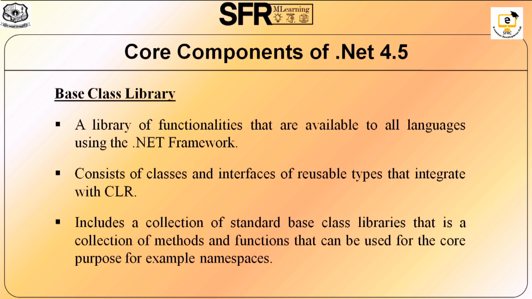For example, namespaces. Using namespaces, we can create an object for a namespace, and using that object we can call all functions. Like that, the base class library provides the basic class functions for a program.